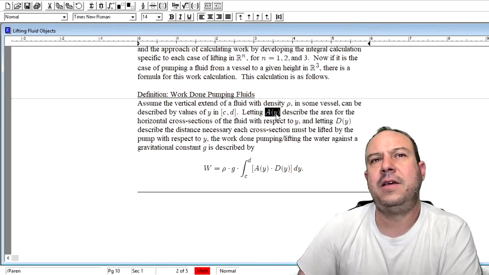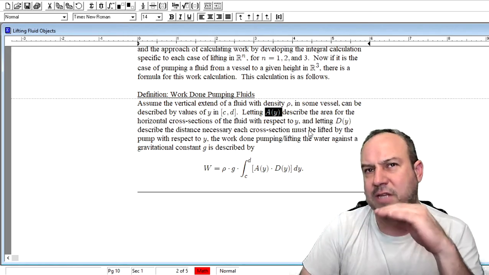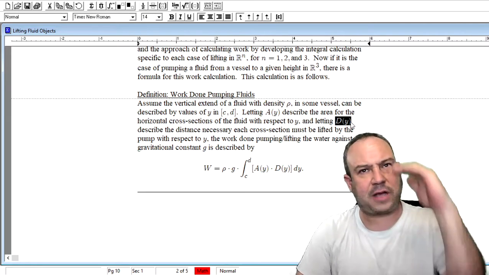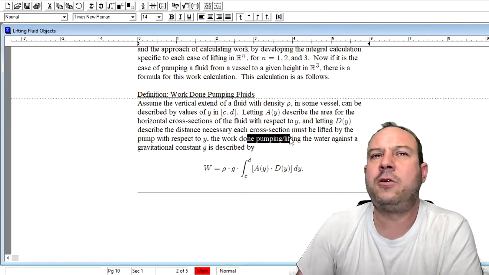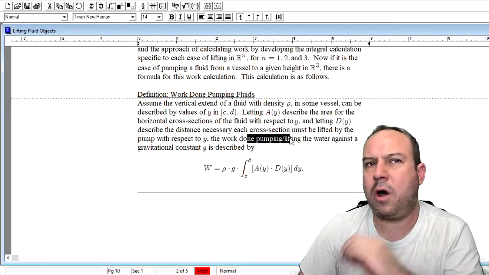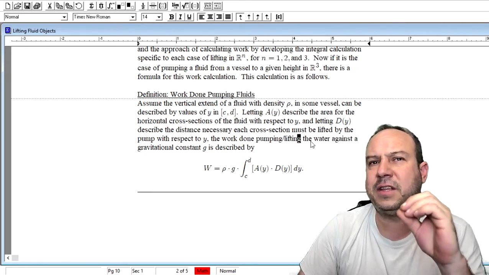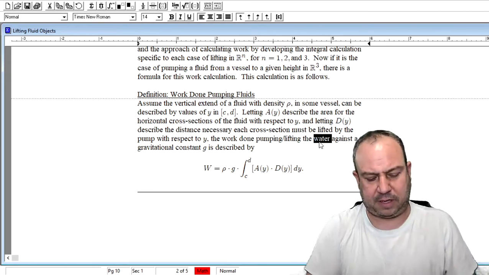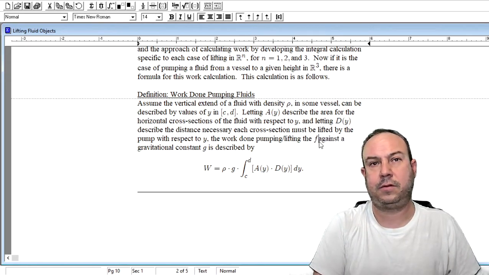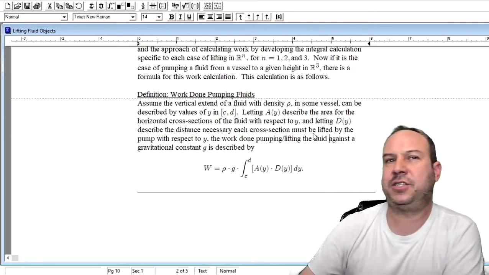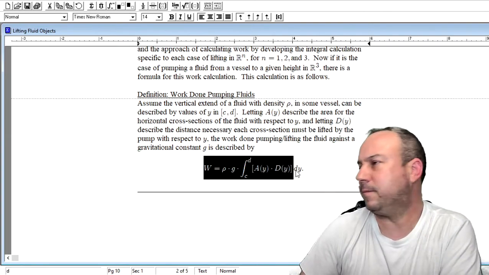If A of y describes the area of the horizontal cross sections and D of y describes the distance that each cross section must be lifted, then the work done pumping or lifting the fluid against a gravitational constant g is described by what we see here.